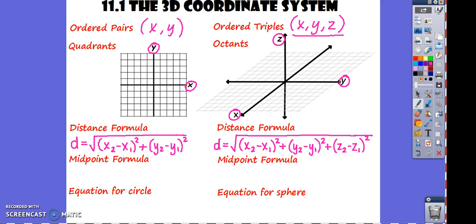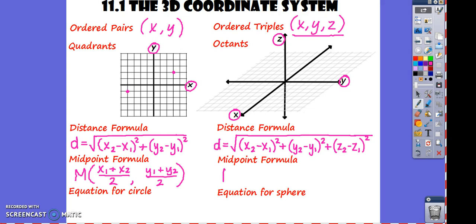The midpoint formula: if you have 2 points on a graph, there's a point that's right in the middle. To find that point, you're going to average the x values and average the y values. In a 3D coordinate system, if you think of just 2 balloons floating in the air, there's still a halfway point.